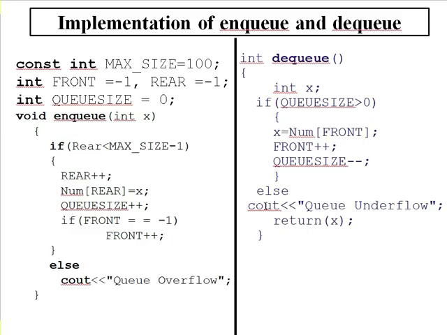Otherwise, if this condition is false, then we can report queue underflow. That is, there is no element to be removed from the queue.